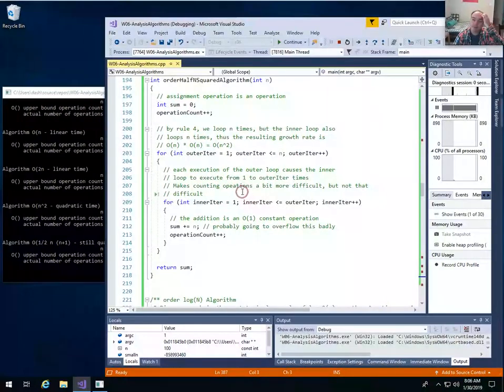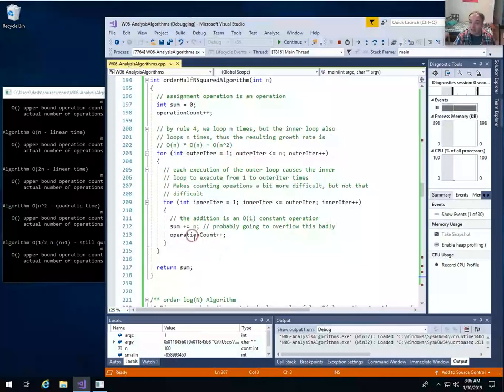So remember, for bubble sort, we always execute the outer loop n times, but the inner loop we would only go up from the beginning up to the end of the list that had been sorted so far. So here the inner loop goes from 1 up to whatever outer is in this case. The first time the inner loop executes, it only executes 1 time. Then when outer iteration is 2, it executes 2 times, and so on.